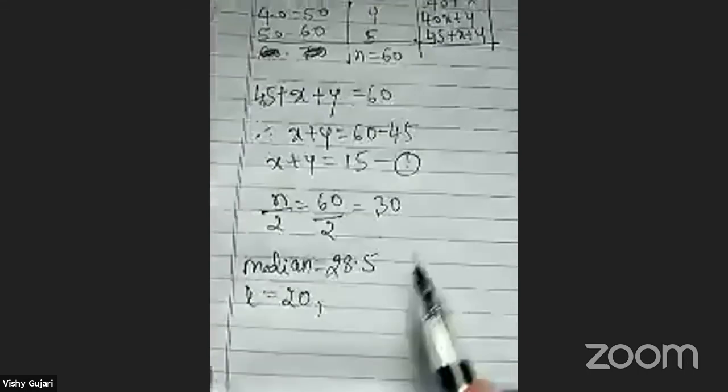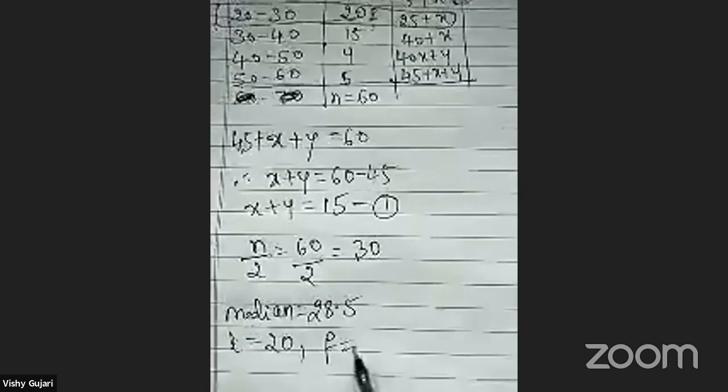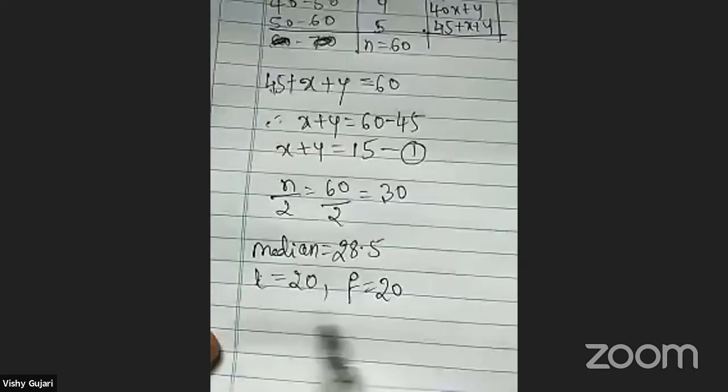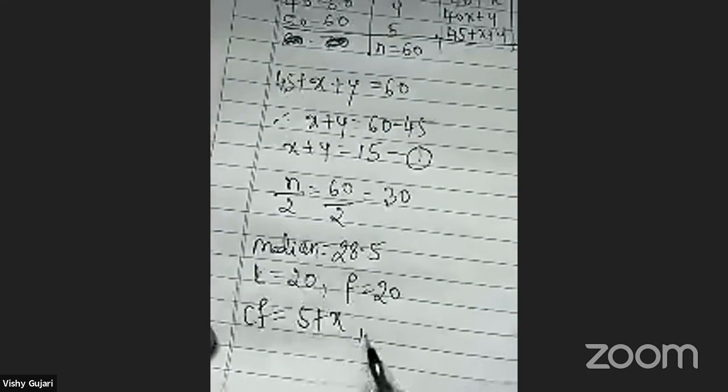Okay. F is equal to 20. CF is 5 plus x, above the class interval. H is equal to how much? 10. Now use the formula.